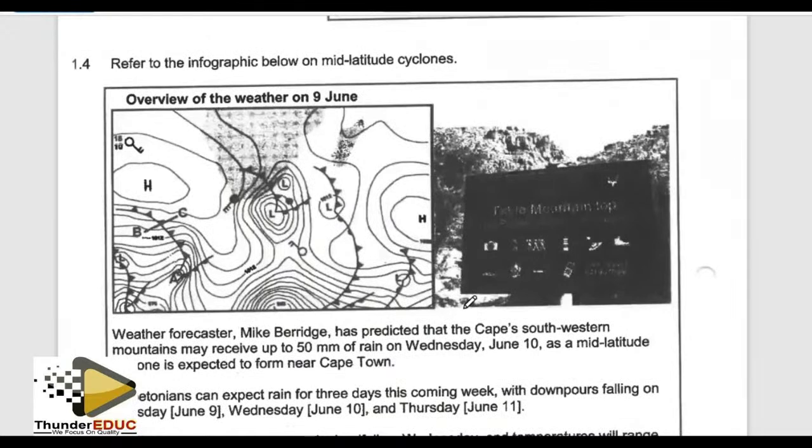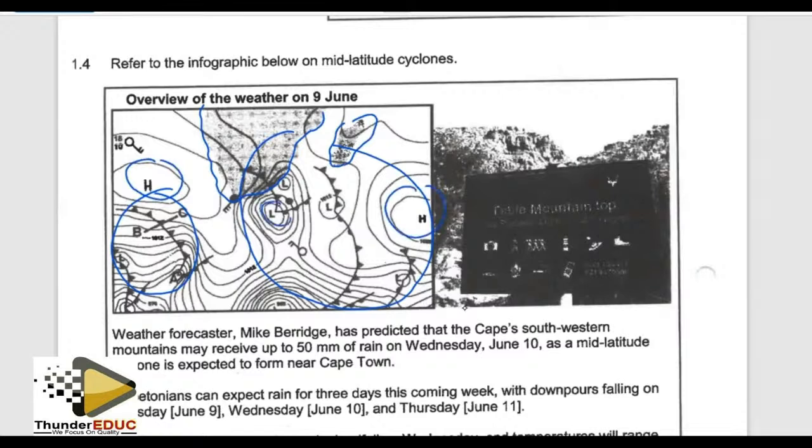It says, refer to the infographic below on mid-latitude cyclones. As you can see, we can see the mid-latitude cyclones here, and some on this other side. And see the map of Southern Africa here. You can see Madagascar. There's the high pressure cell here, and another one this other side.